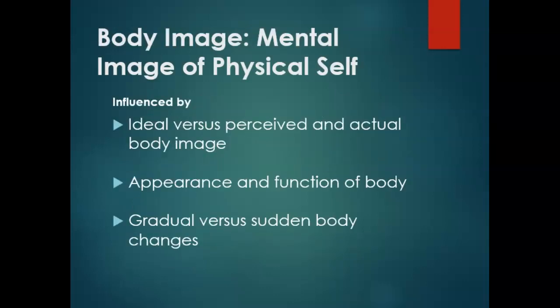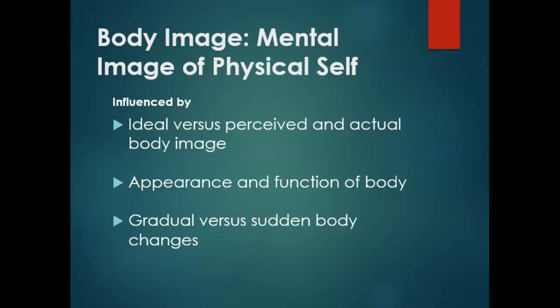Body image is the mental image of physical self, and it's influenced by ideal versus perceived and actual body image. People do not always see their own bodies as objectively as others see them. Some psychological disorders interfere with the ability to interpret sensory data objectively.